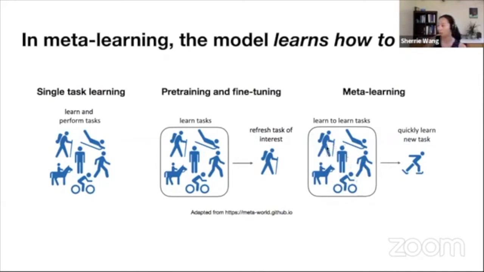So for example, it might absorb data on how to hike and how to walk and how to ride a bike. And then it's trying to learn the best way to learn a new task from the data that it's observed. And then the end goal is to be able to quickly learn a new task, such as ice skating, that it's never seen before. So that's all pretty abstract.